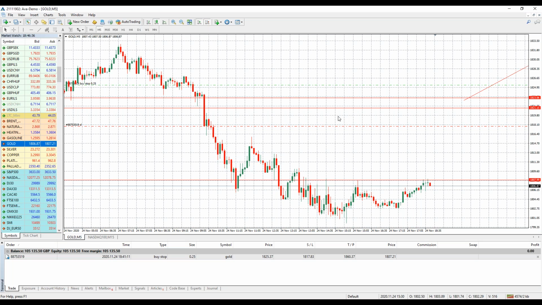So small gains on little reversals like this. If you can be right 2 out of 3 times, gain 1% a day. Think about it. That doubles your balance. If you're gaining 1% a day, 20% a month, doubles your investment in less than 6 months with very small risk if it reverses. So very simple strategies.